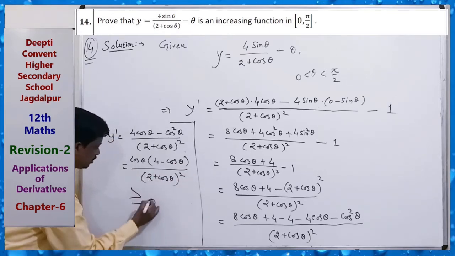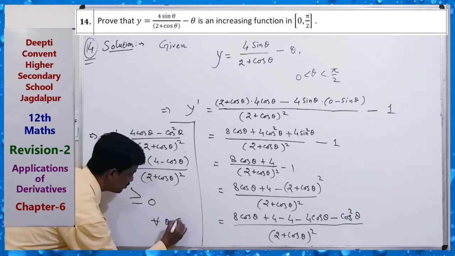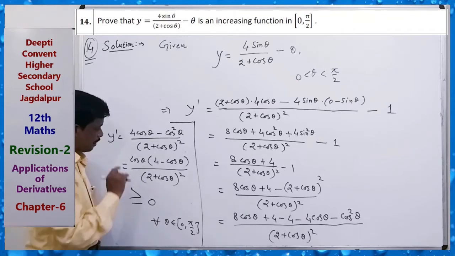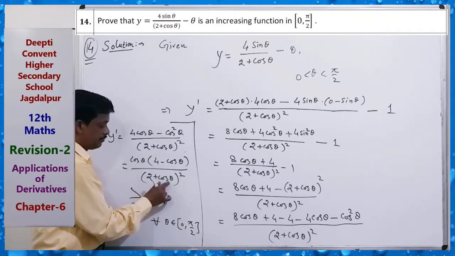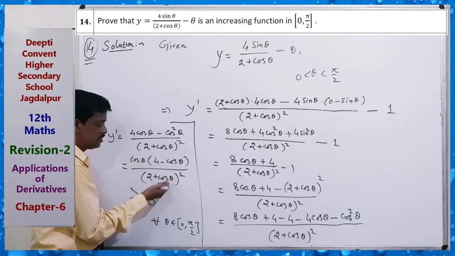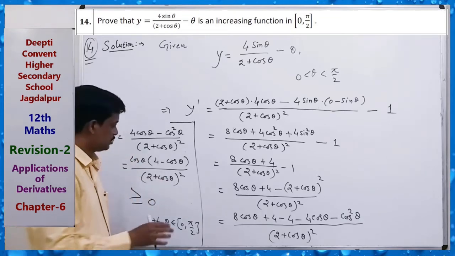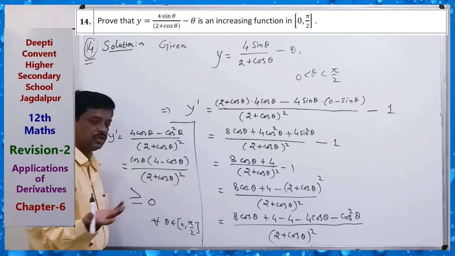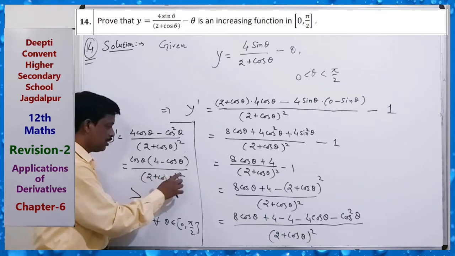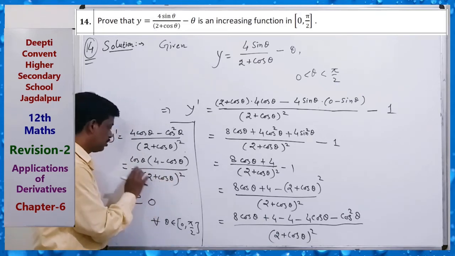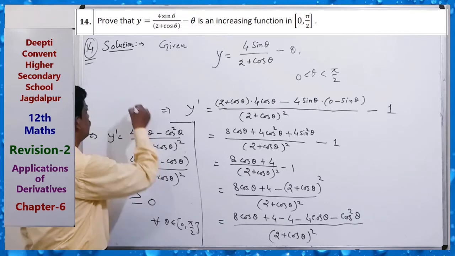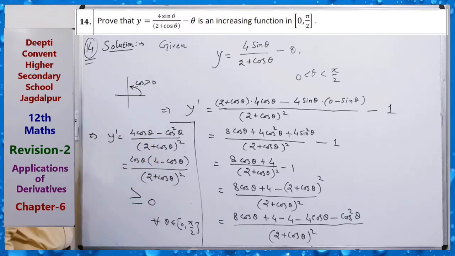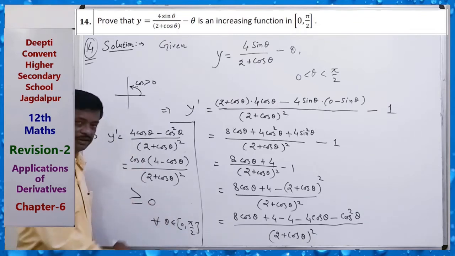This is greater than or equal to 0 for all theta belonging to 0 to pi by 2. Because 2 plus cos theta lies between 1 and 3, it should not be 0, so the square is a positive value. Cos theta is positive in this interval, 0 to pi by 2.